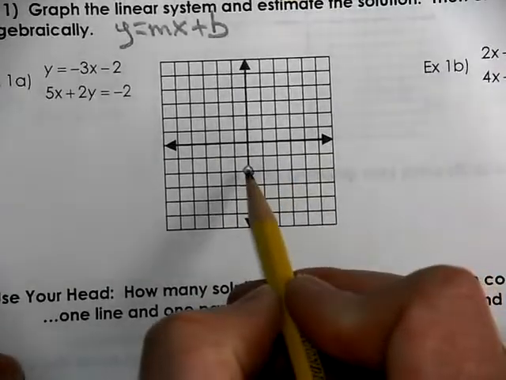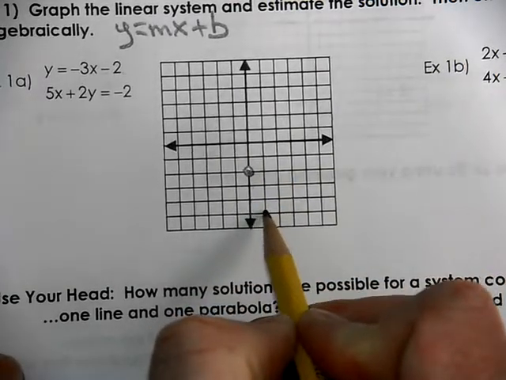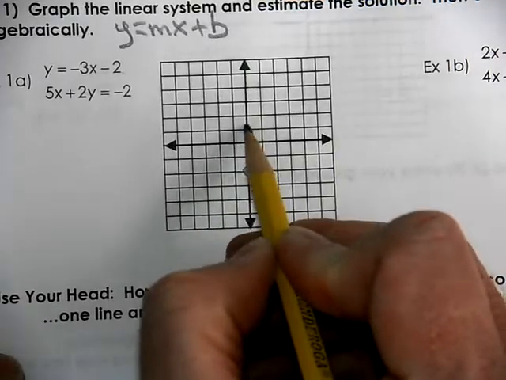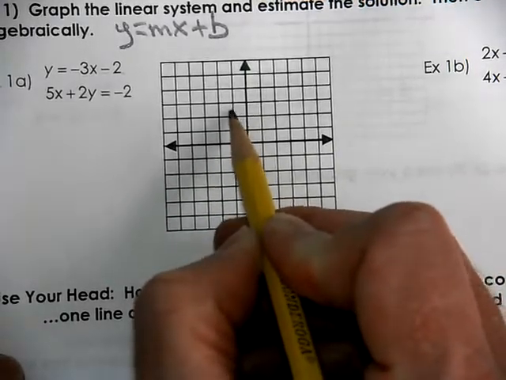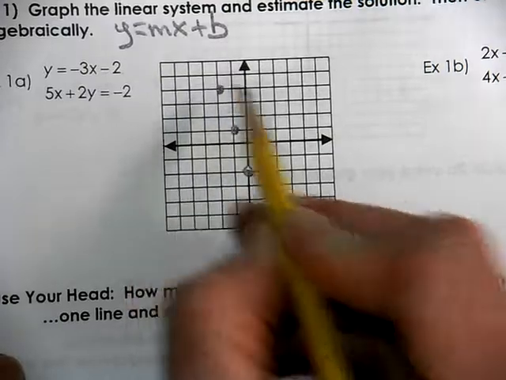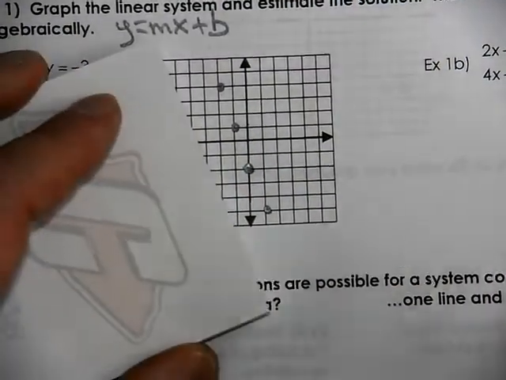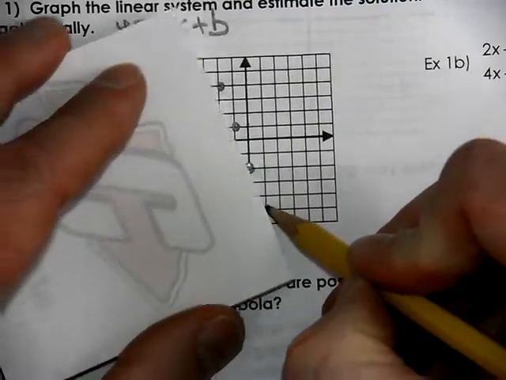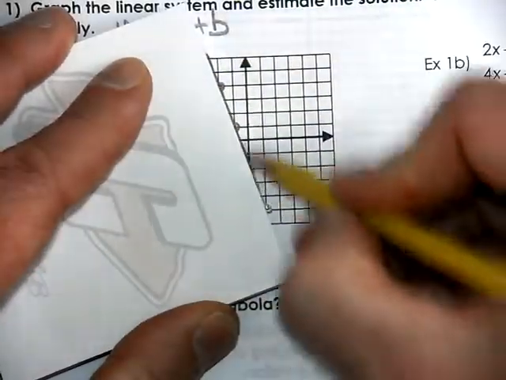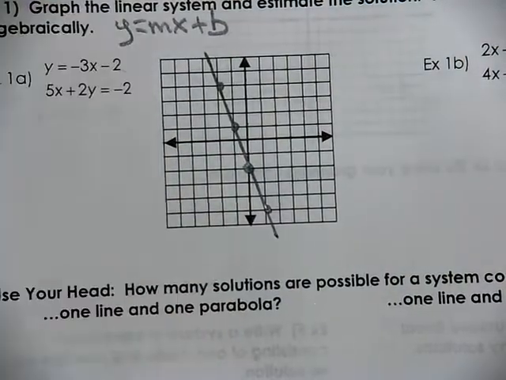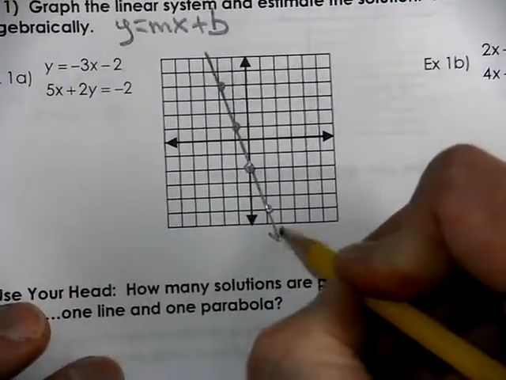And then we're going to do our slope of -3 over +1, or +3, -1. +3, -1. And we connect those dots together, and we have our equation.